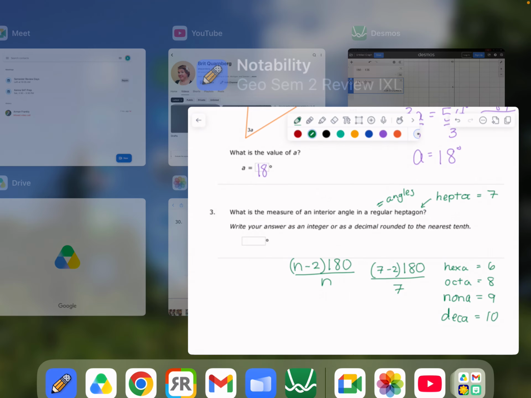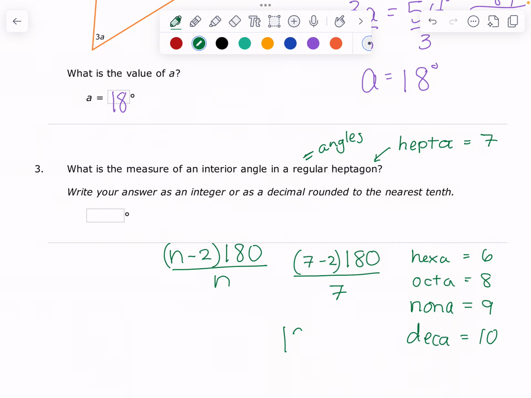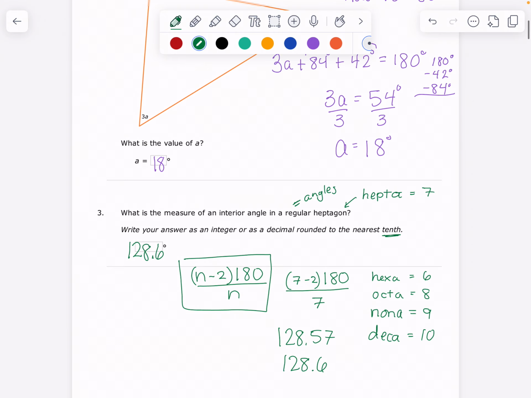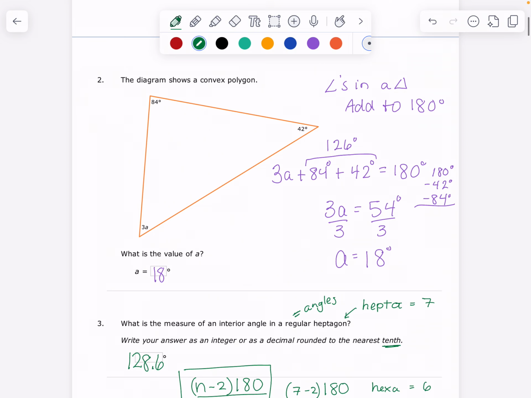So I got 128.57. The nearest tenth is going to be 128.6. So you'll need to know this formula. As far as things that you'll need for the test itself, you'll need that formula for sure. That would be a great thing to put on your note sheet.